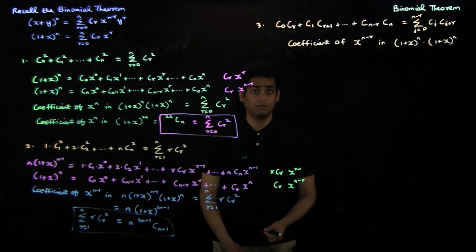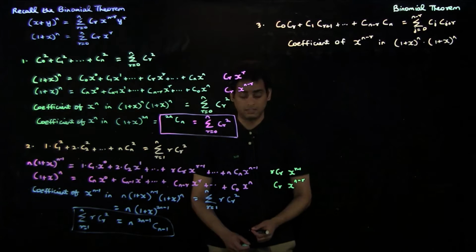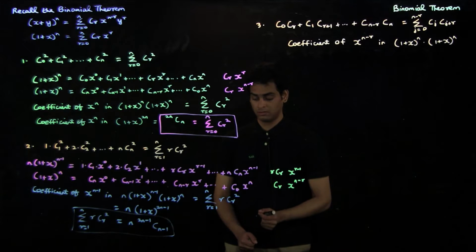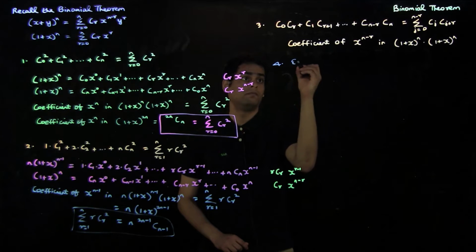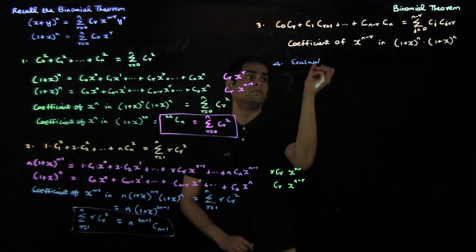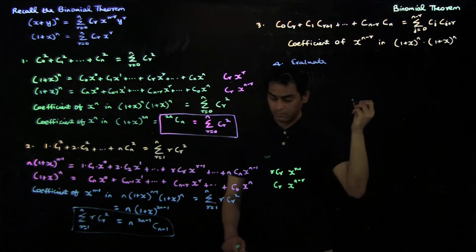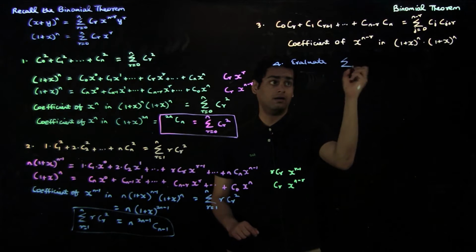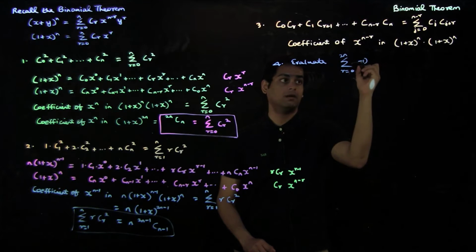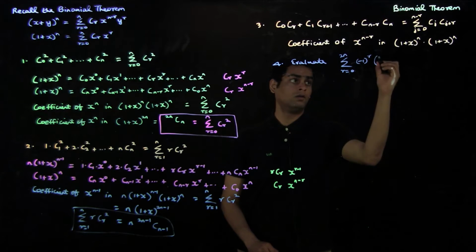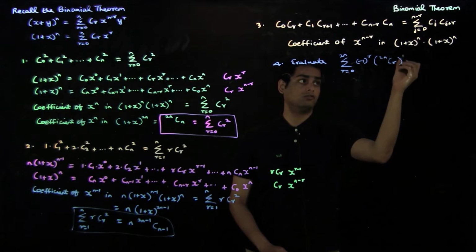The fourth problem we'll be looking at is an application of the previous results we've seen in this lecture, and it asks us to evaluate summation r equals 0 to 2n of (minus 1) power r times (2n CR) the whole square.